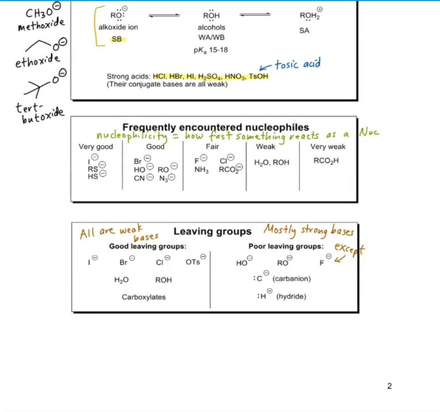So if you know acid and base strengths, specifically for what we're talking about right now with the leaving groups, base strengths, if you understand base strengths, again, getting used to the nature of some of these chemicals, that's going to help you a lot.